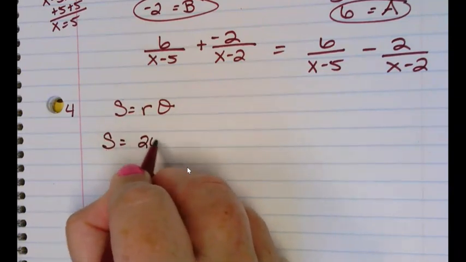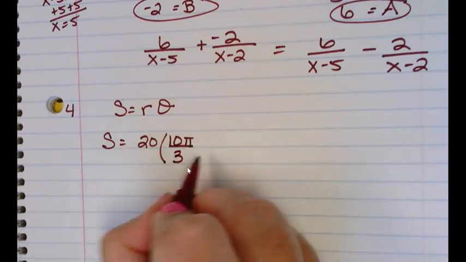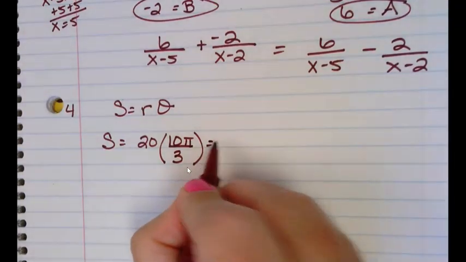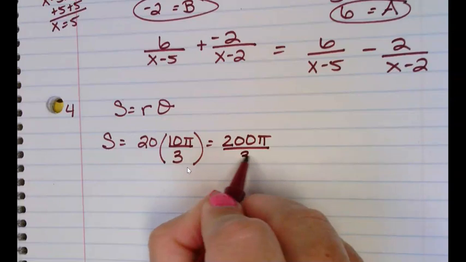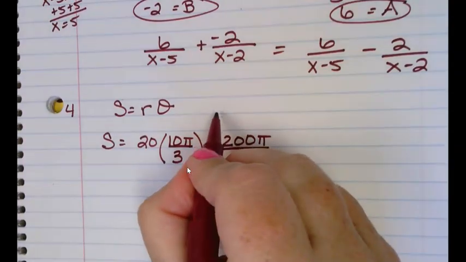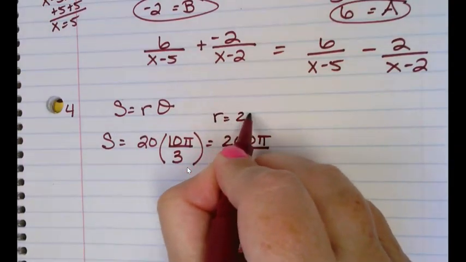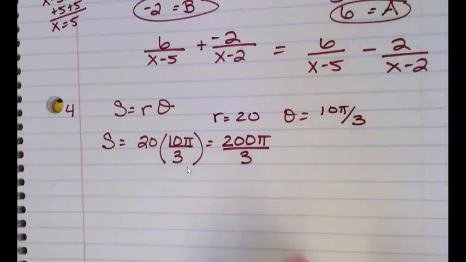R is 20 times 10 pi over 3. Multiply, so we get 200 pi over 3, and we cannot reduce. So we're done there. And this is the one where r equals 20, theta equals 10 pi over 3.